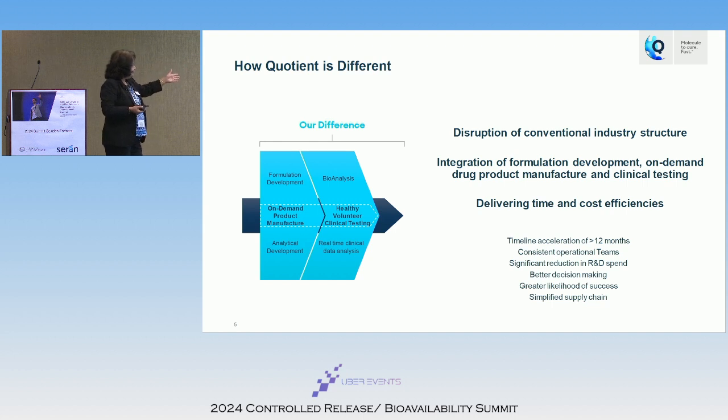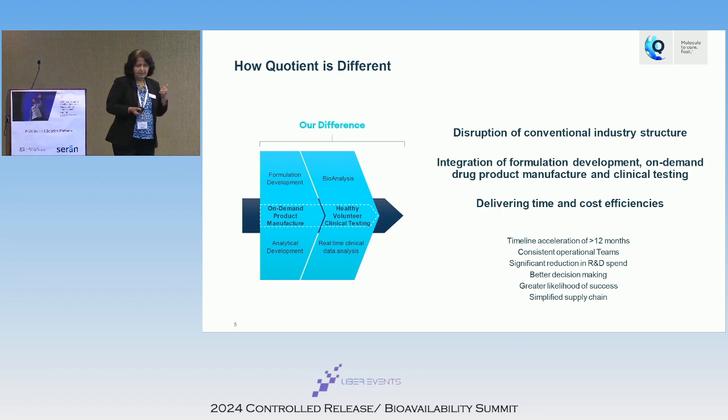We have the capability to vertically integrate within that space, as well as use our CRO capabilities in both UK and in the US to integrate the testing of those products which are developed in actual human healthy volunteers. And so this actually is kind of a disruption of the conventional industry structure, where we combine both those activities into one company. And what that means is we are integrating formulation development, on-demand product manufacture, and clinical testing.